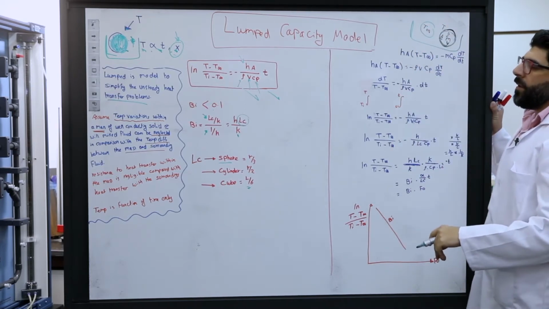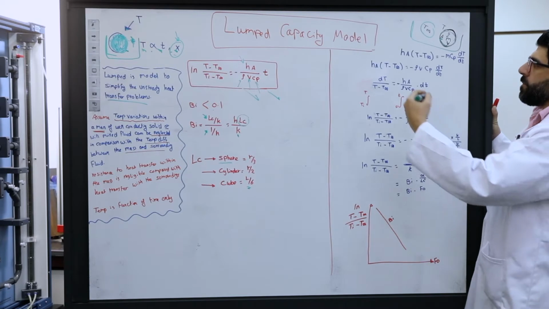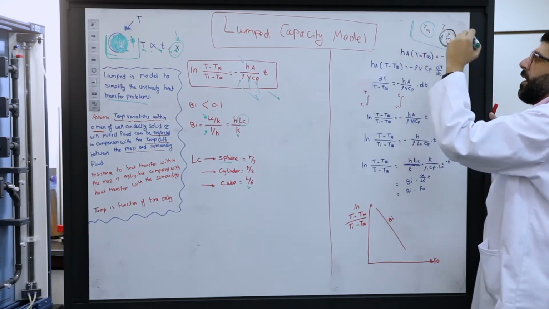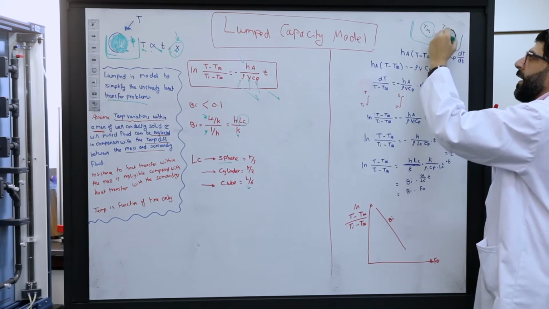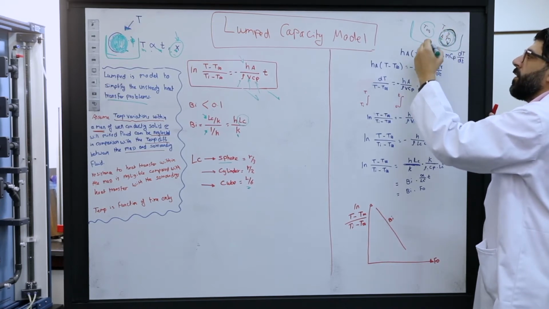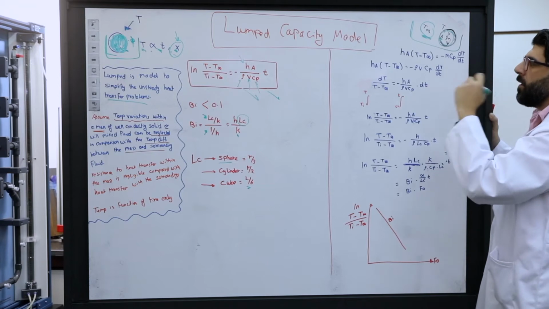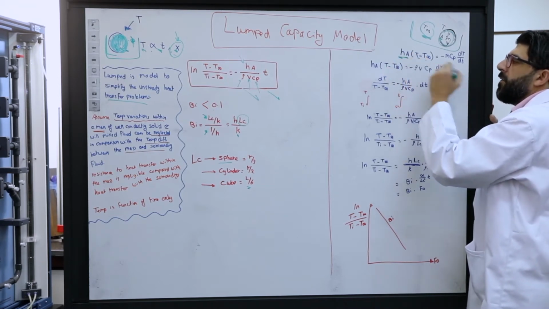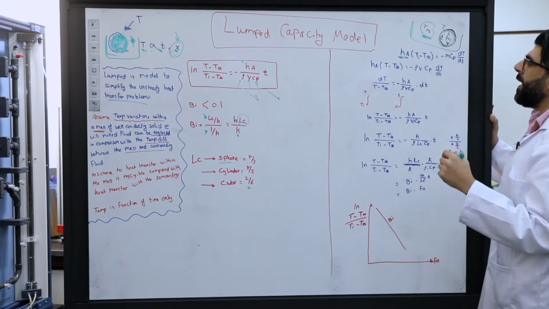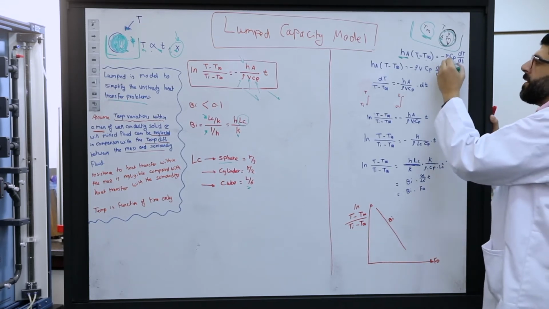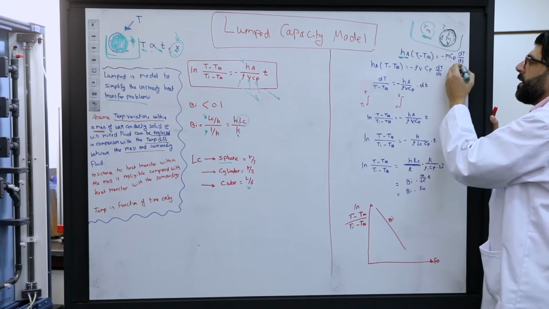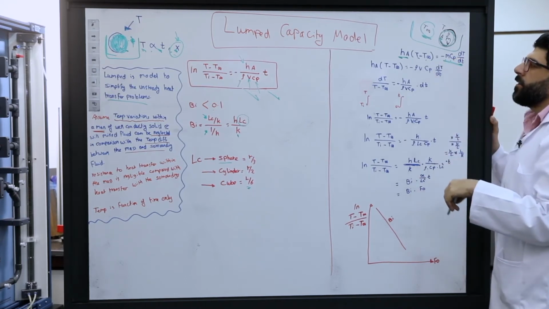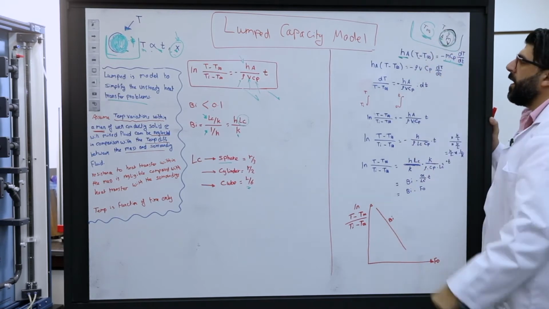Let's assume that the change in the internal energy is only due to heat transfer. So we can say hA (T minus T infinity) equals minus m Cp dT over dt, the change in the internal energy.